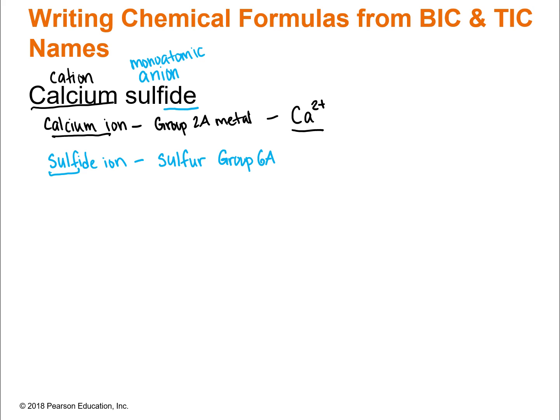How do we figure out the charge? Our charge is going to be the group number minus 8. So 6 minus 8 is -2. So the sulfide ion looks like that. It's the S, which is the symbol for sulfur, with a 2 minus.